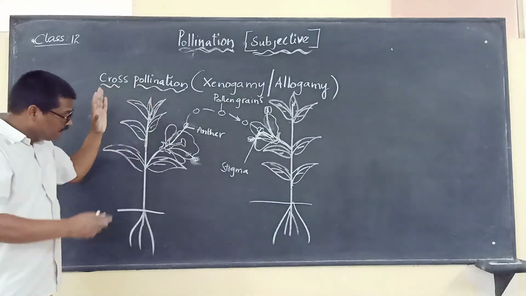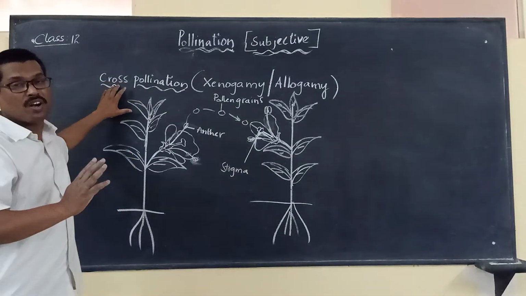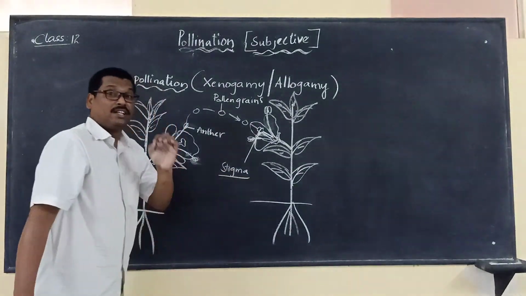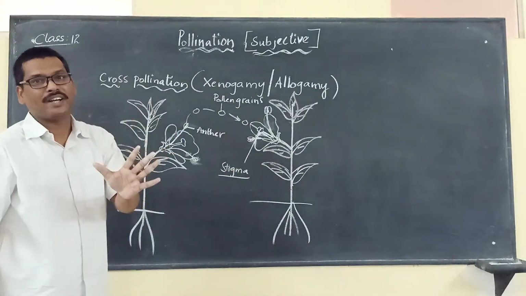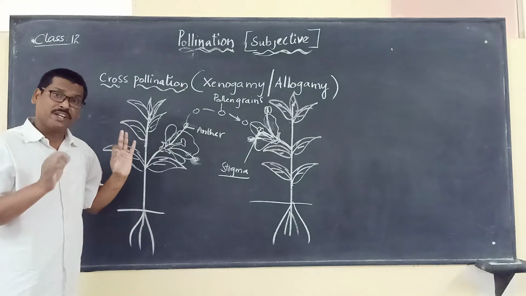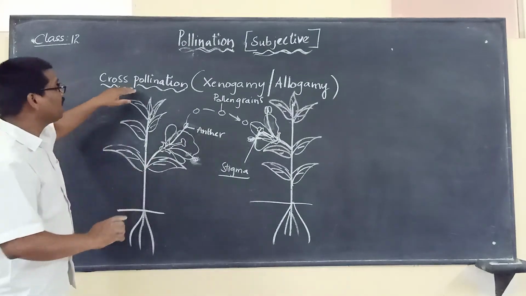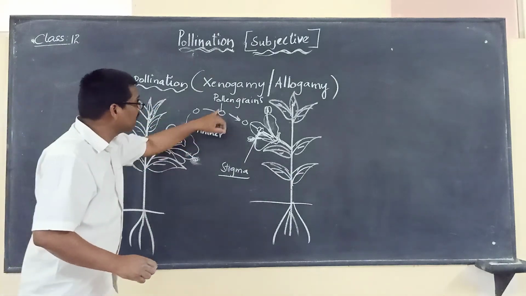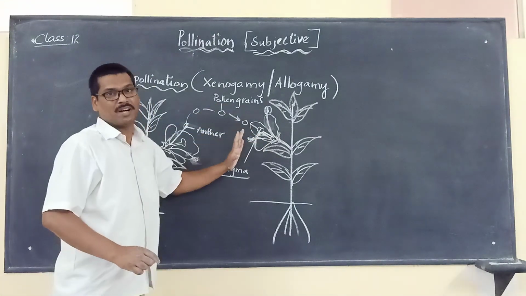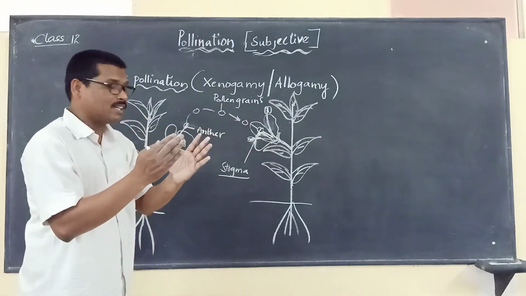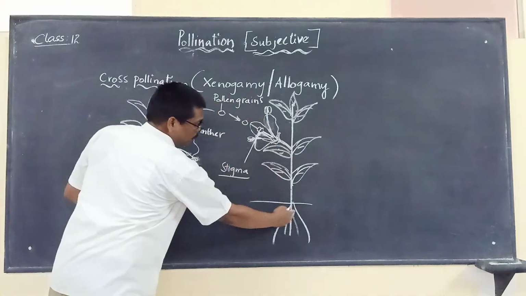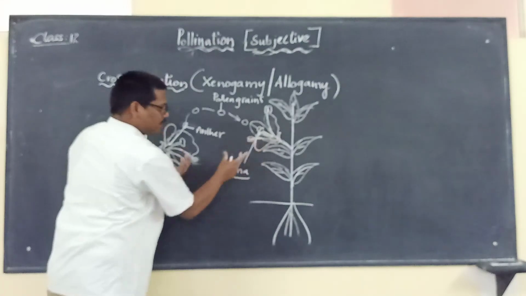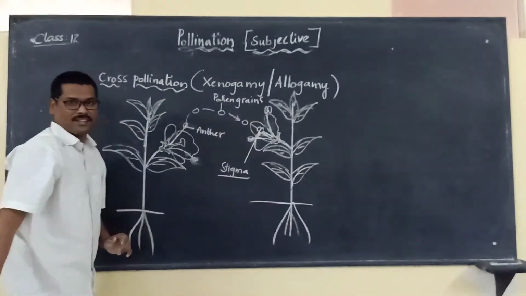Cross-pollination. And it is only in cross-pollination that the stigma will be receiving genetically different pollen grains. That is a very important point. It is only in cross-pollination that genetically different pollen grains will be carried onto the stigma, because it is taking place between two flowers born on two different plants.